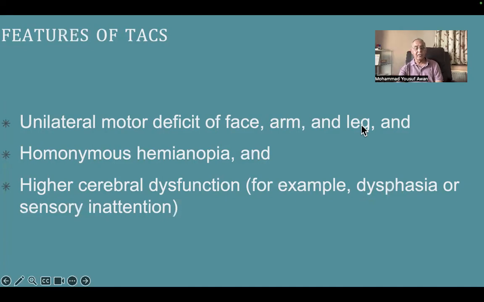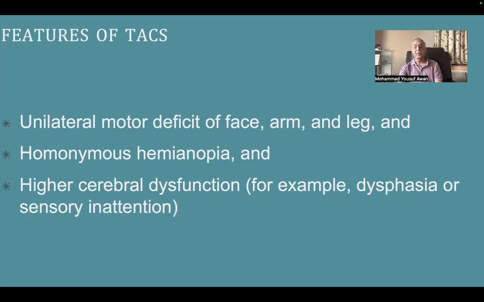That will be involvement of the face, arm, and leg on the side opposite the lesion. Homonymous hemianopia, visual field defects affecting half of the visual field on the same side, homonymous. That is the result of the total anterior circulation syndrome.